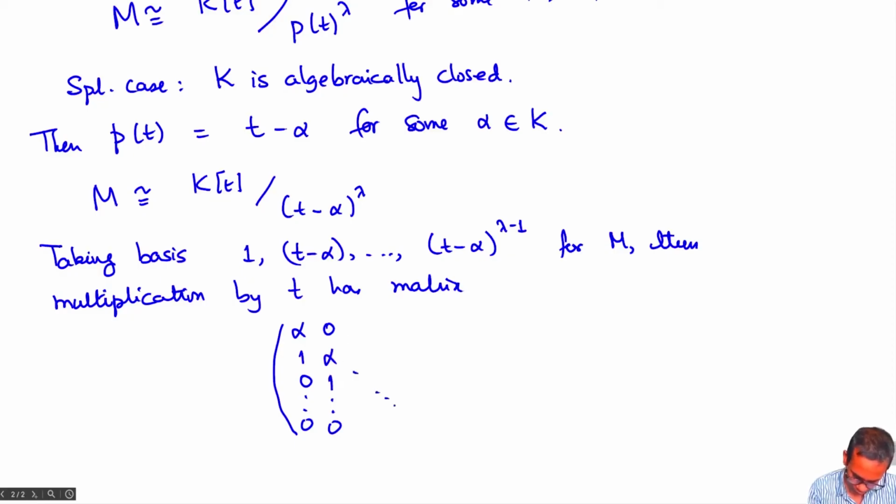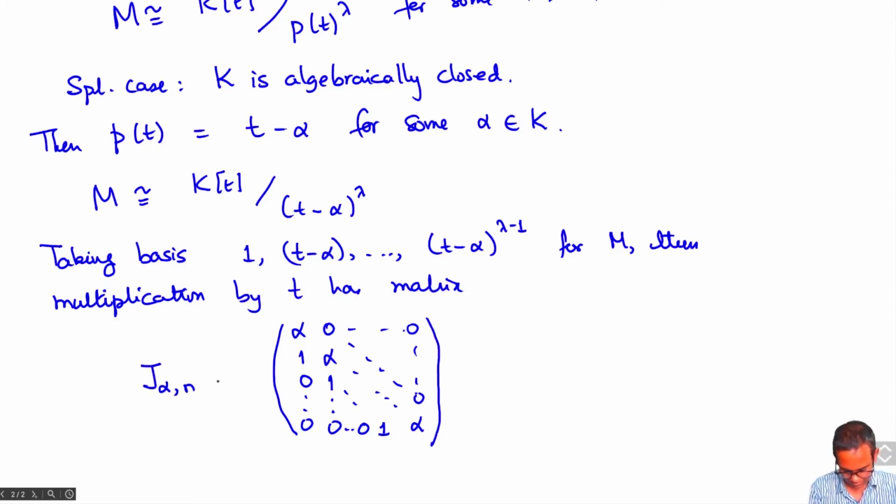So you have alphas along the diagonal, you have ones just below the diagonal, and everything above the diagonal is 0. This is what is known as a Jordan block with eigenvalue alpha of size n.